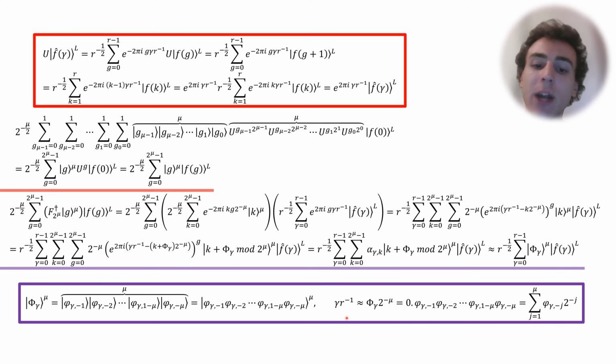And another very interesting thing is that gamma times r to the -1 is approximated by this capital phi sub gamma times 2 to the minus mu. So this capital phi sub gamma is a positive integer. It is a bit string. So it is a binary representation of a positive integer.